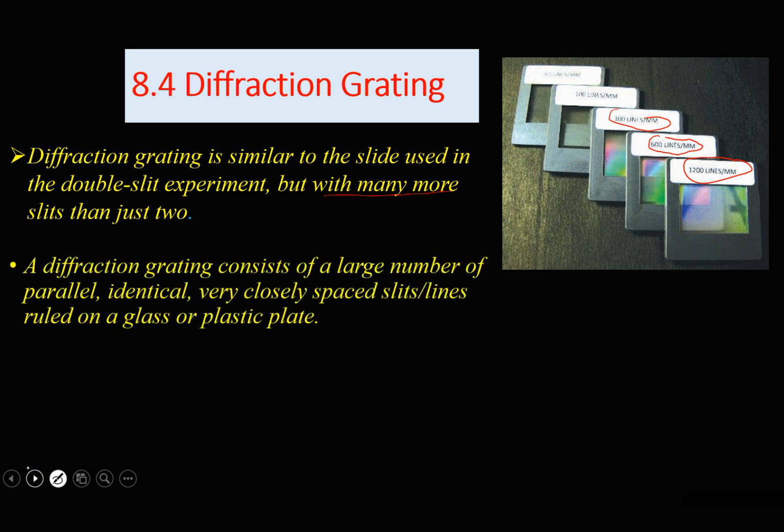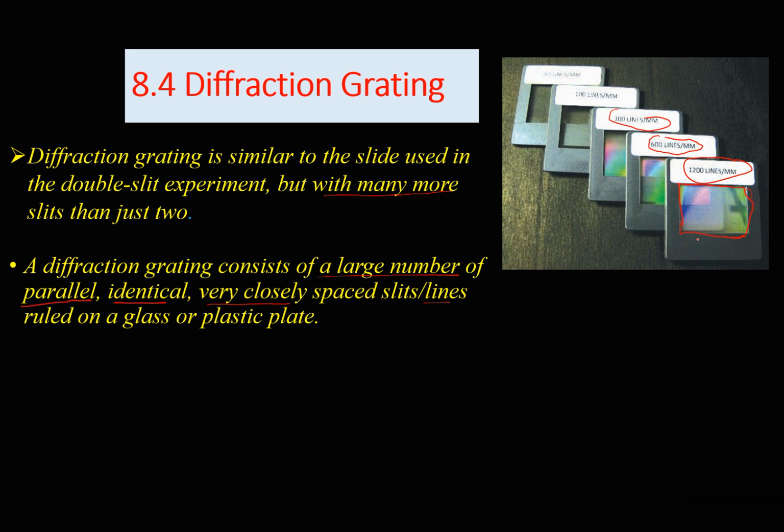A diffraction grating consists of a large number of identical, very closely spaced slits, or we shall just call them lines, which have been rolled on a glass or plastic plate like this one here. Thousands of lines have been rolled on this plastic material, which may not even be seen by our naked eye.